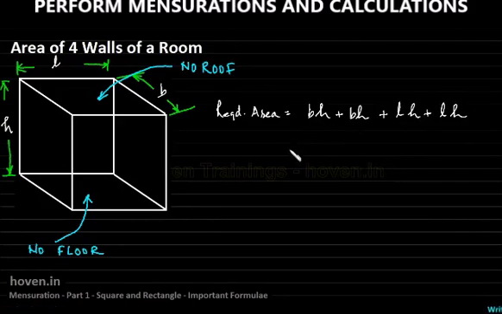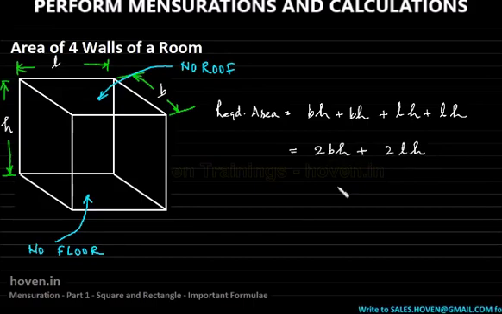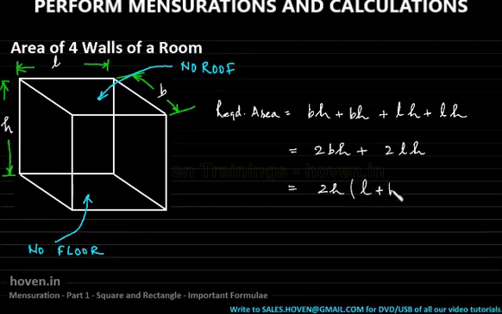We can collect the like terms, 2BH and 2LH, which is equal to, take 2H out, 2H into L plus B, which is the required relationship.